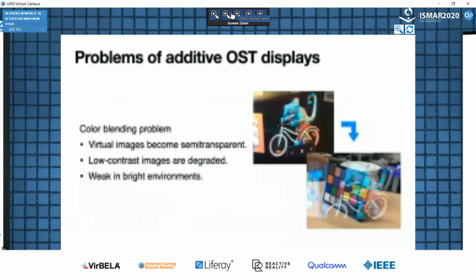As shown in the figures on the slide, the virtual images become semi-transparent due to the background light from the real scene. Especially, low contrast virtual images are particularly prone to degradation. It also means that these displays are weak in bright environments, like outdoors.